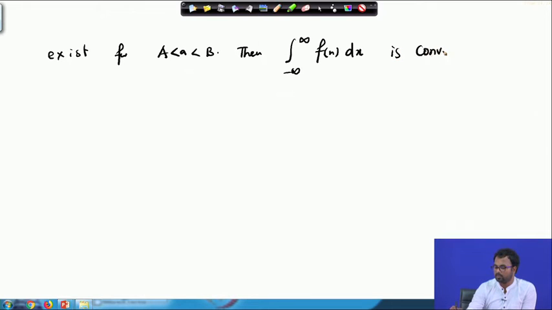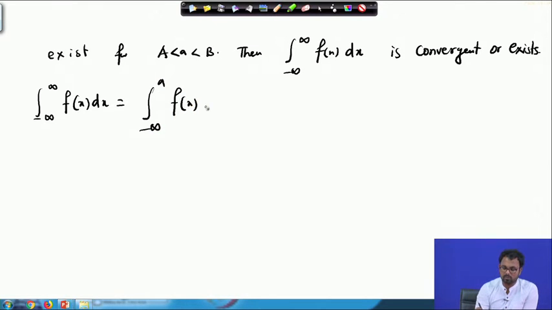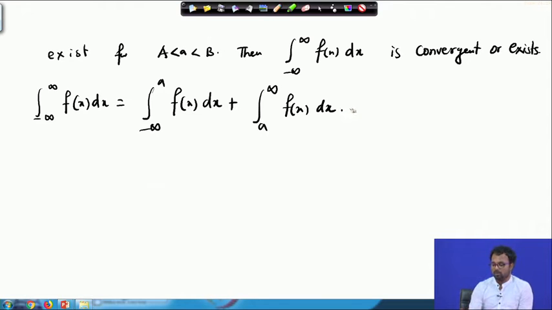So, this integral will exist or be convergent, and the value of this integral f(x) dx can be split into two subintegrals, the addition of two subintegrals. So, you can see what we are doing. We had minus infinity and plus infinity at both endpoints.